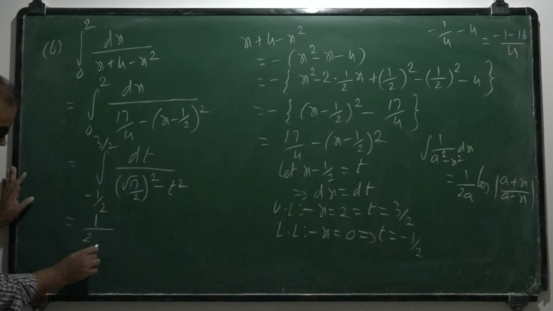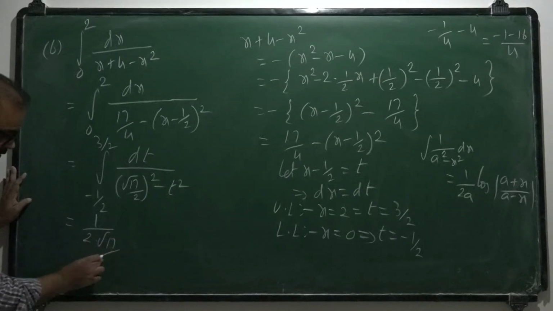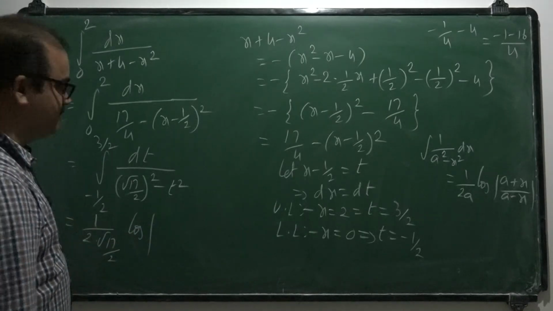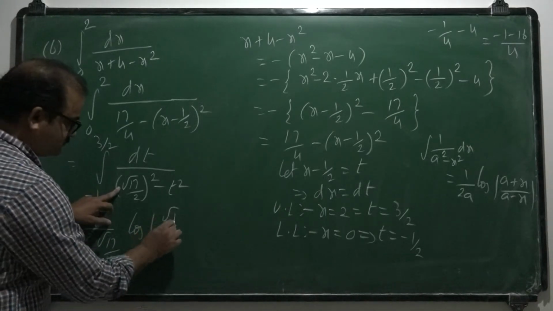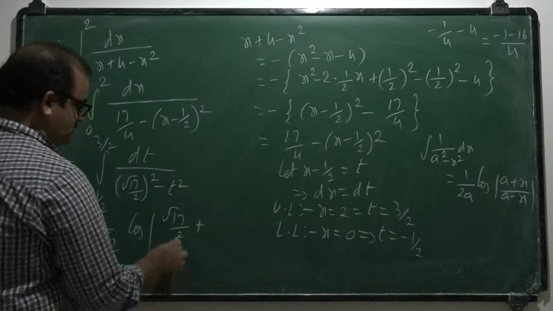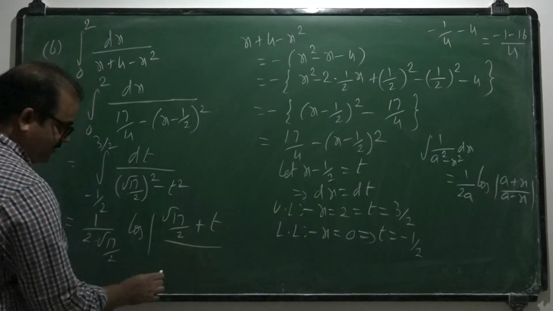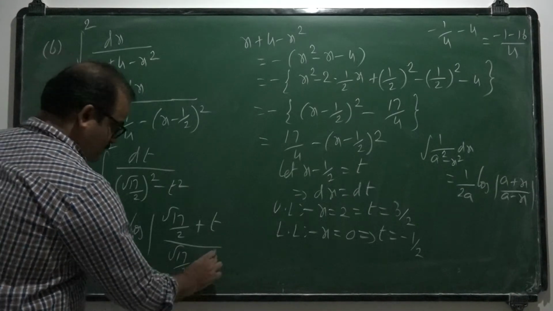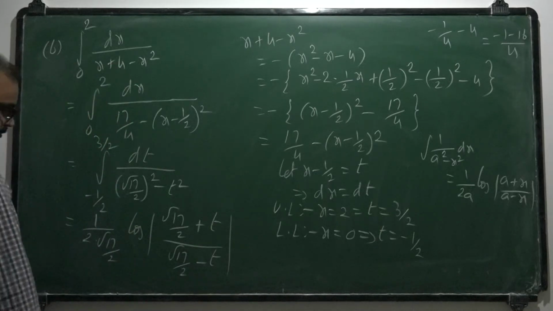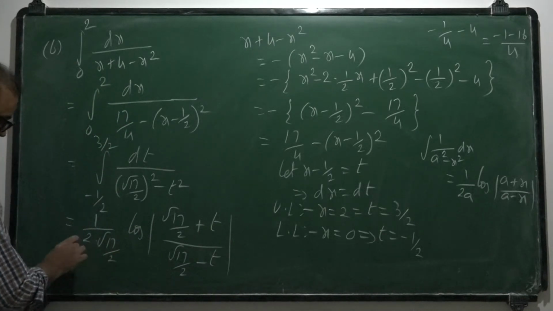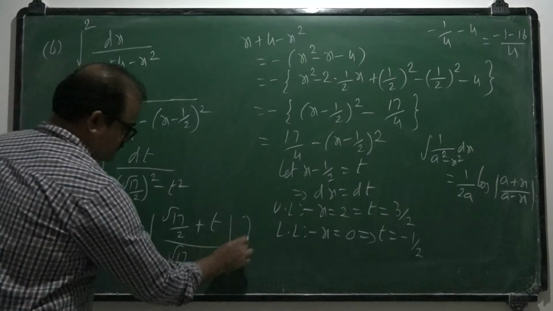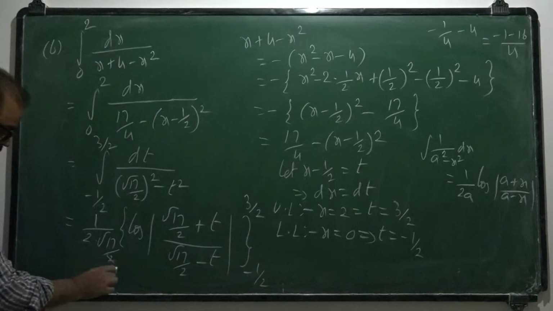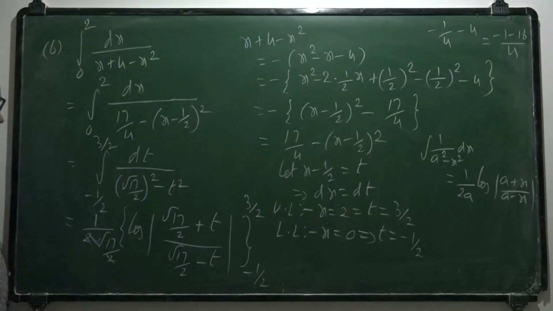So 1 by 2 into a, root 17 by 2, log mod of a plus t by a minus t. This is in between the limits minus 1 by 2 to 3 by 2. The 2 cancels. Apply the limits.